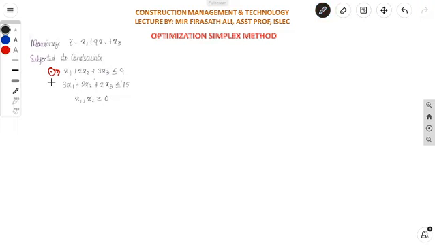This is our first constraint. Our second constraint is 3x1 plus 2x2 plus 2x3 less than or equal to 15, where x1, x2 and x3 are greater than or equal to 0.